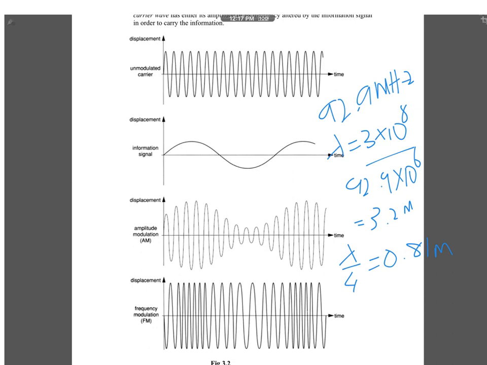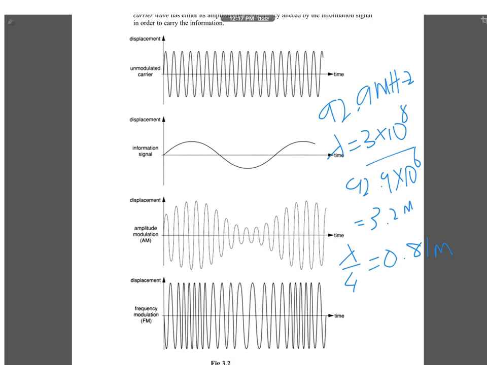Do you understand that? So let's talk about amplitude modulation first. How do you do amplitude modulation? Now, amplitude modulation, or frequency modulation for that matter, is not superposition. That means you are not adding the carrier to the information to produce a resultant wave. Wrong, it is not adding.